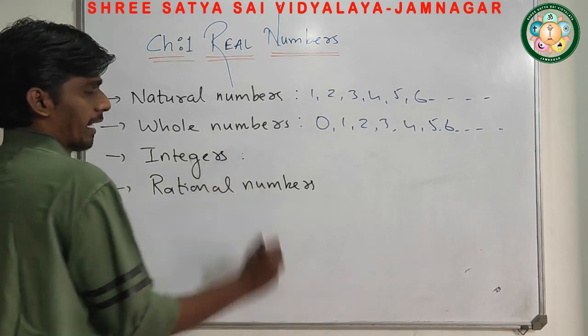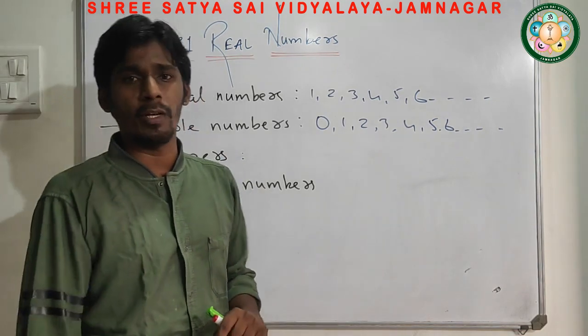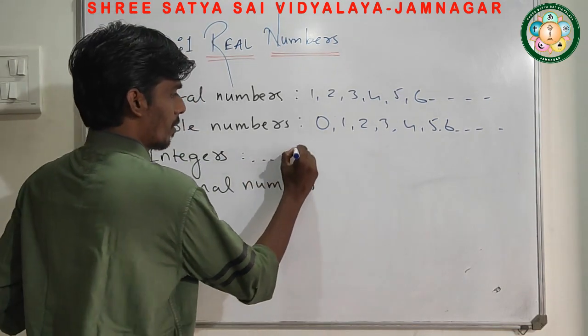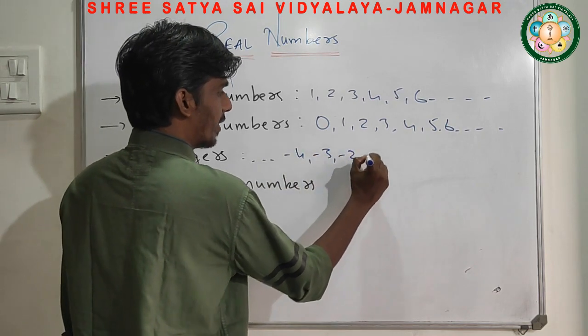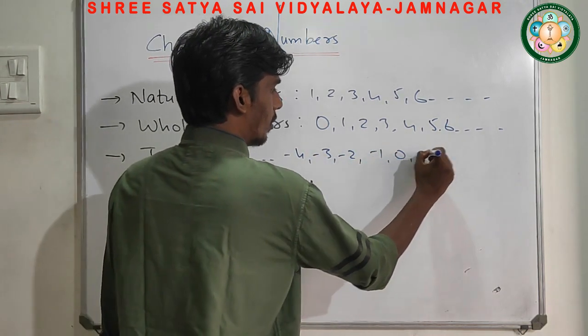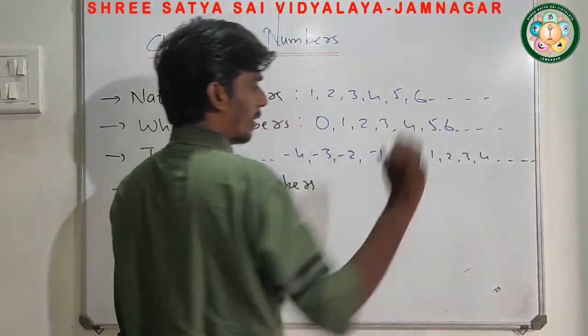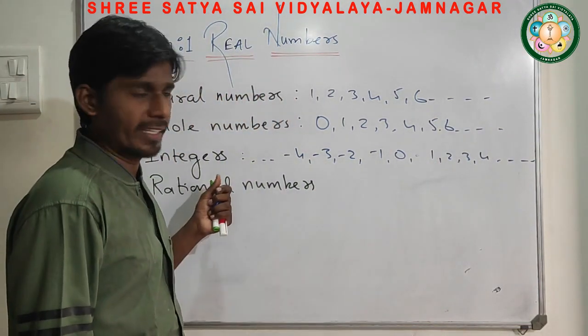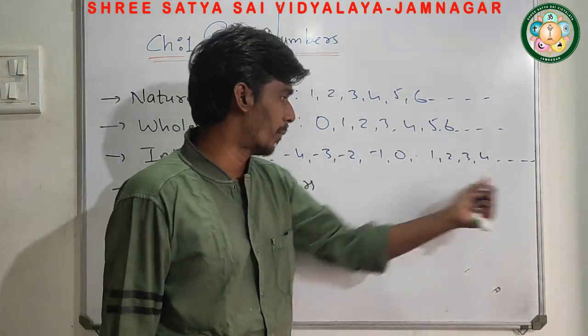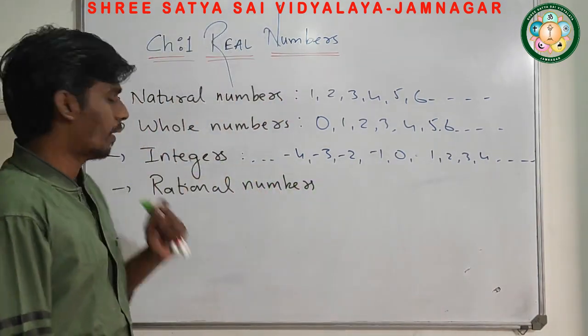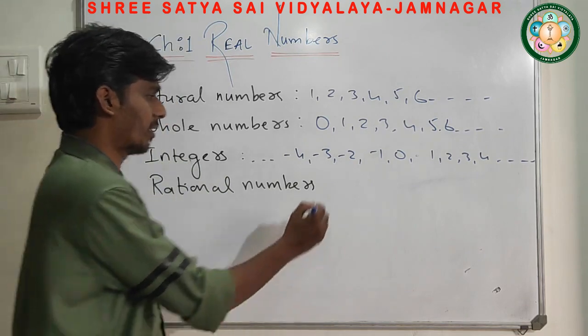Now integers include all the negative numbers and positive numbers. Like we can say -4, -3, -2, -1, 0, 1, 2, 3, 4 and likewise. So all the infinite negative numbers, all the positive numbers including 0, all are what? Integers. Now rational numbers.